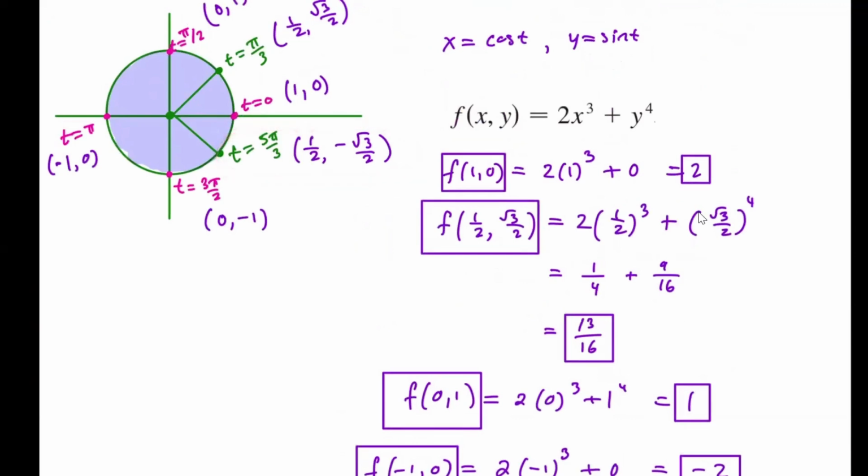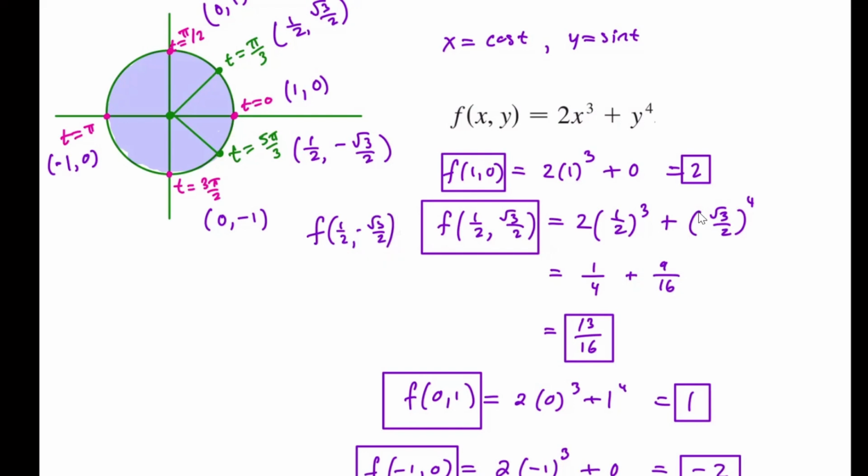And that's going to give you the exact same as this one right here, because when you plug in x equals 1/2, y is negative square root of 3 over 2, but because you're doing the 4th power, it'll still give you 9 over 16. So this is exactly the same as f evaluated at 1/2, negative square root of 3 over 2. So these two give us the same value.